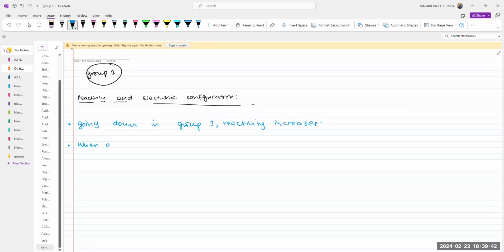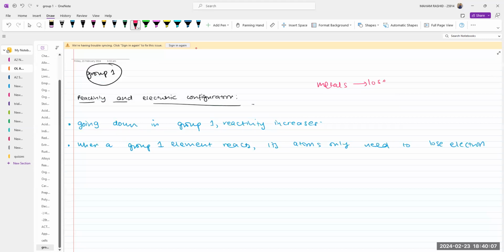When a group one element reacts, its atoms only need to lose electrons. So group ones are all metals, and metals always lose electrons.